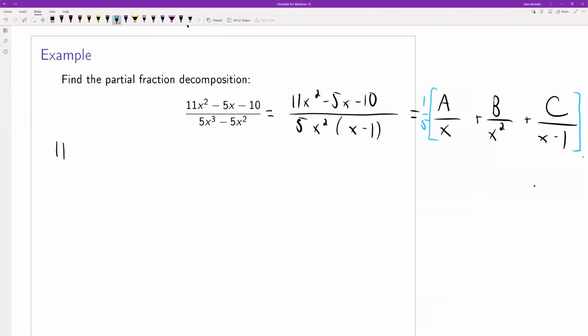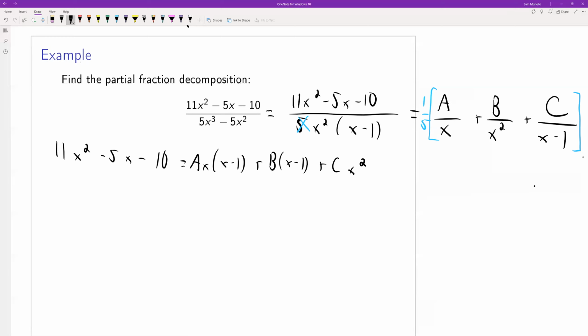So ignoring the 5 for the moment, since we're going to come back to it at the very end, what we are going to get is 11x squared minus 5x minus 10 is equal to ax times x minus 1 plus b times x minus 1 plus c times x squared.